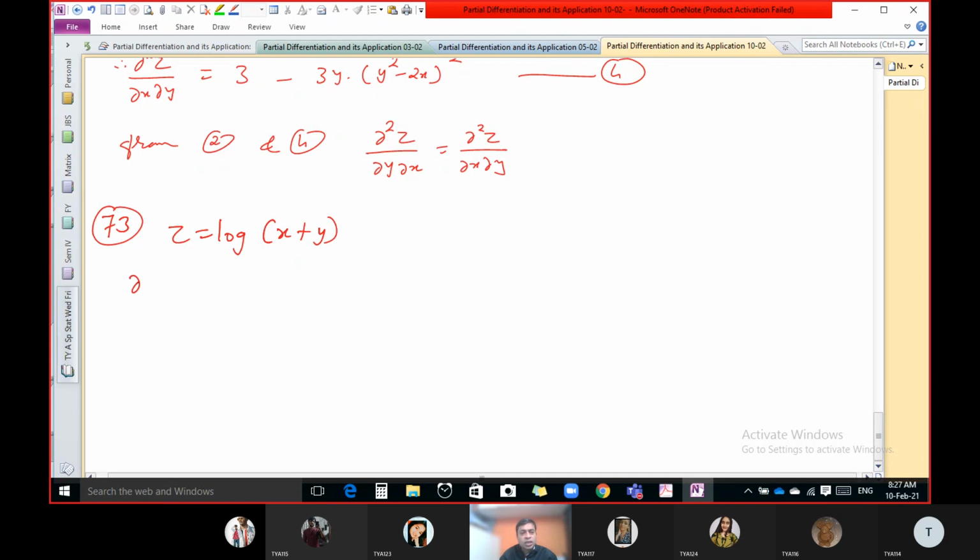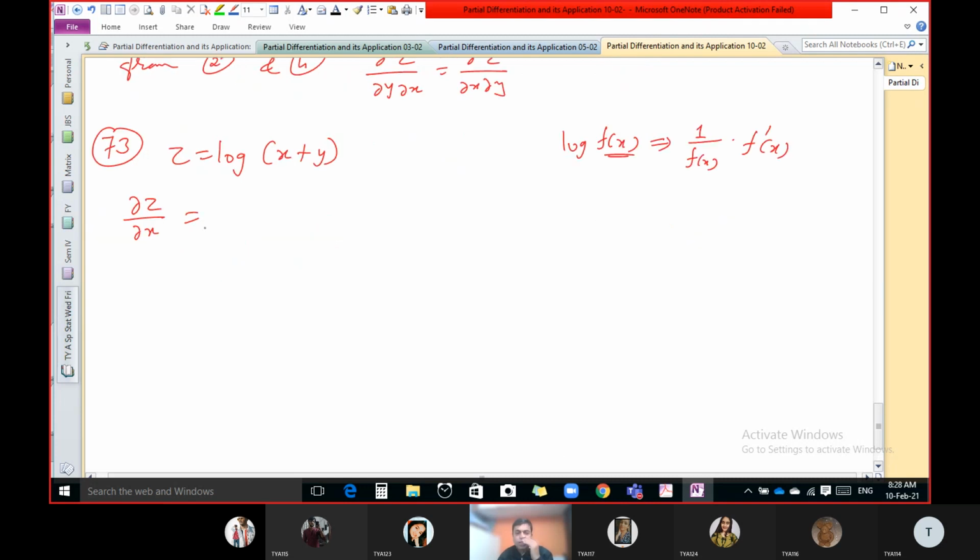So first delta z upon delta x. There is a rule: log of anything, 1 upon this function into derivative of this function. That is the rule of derivative. Use this rule. Tell me the derivative with respect to x.